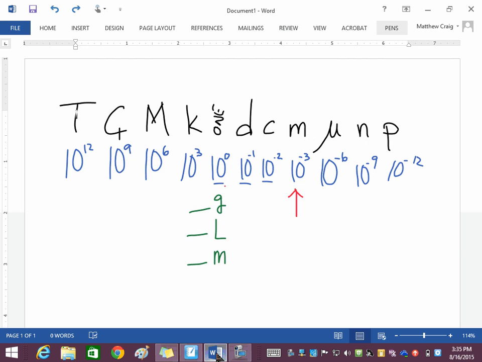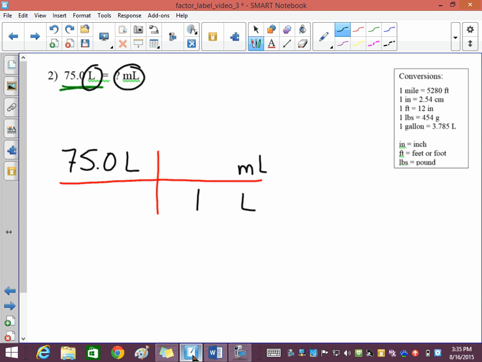Now again, which one's bigger? Well, liter is located at 10 to the 0. Milli is located at 10 to the negative 3. So liter is much bigger. Okay? So we want to say liter gets the value 1, and then milli gets the value of 10 to something.